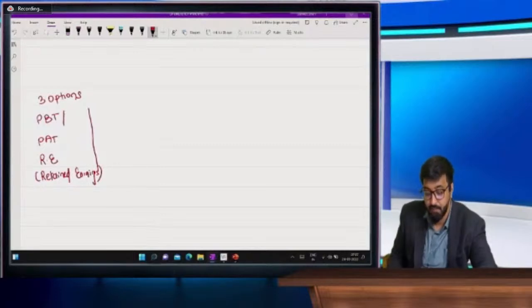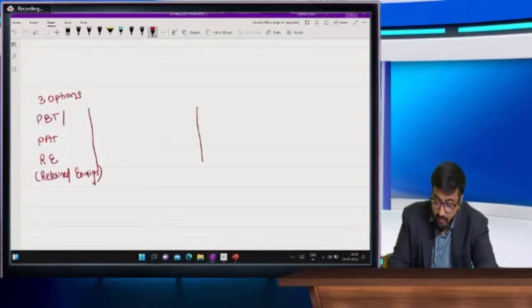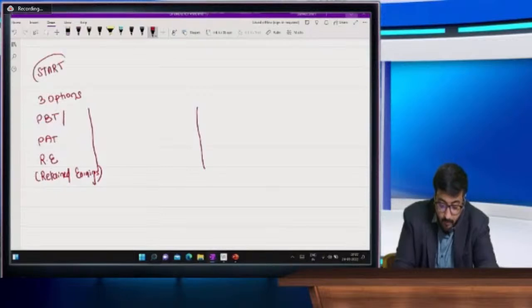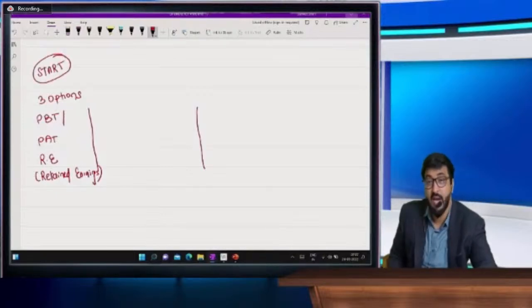So your starting points are PBT, PAT, or retained earnings. Normally, I prefer retained earnings, but ICAI prefers profit before tax.